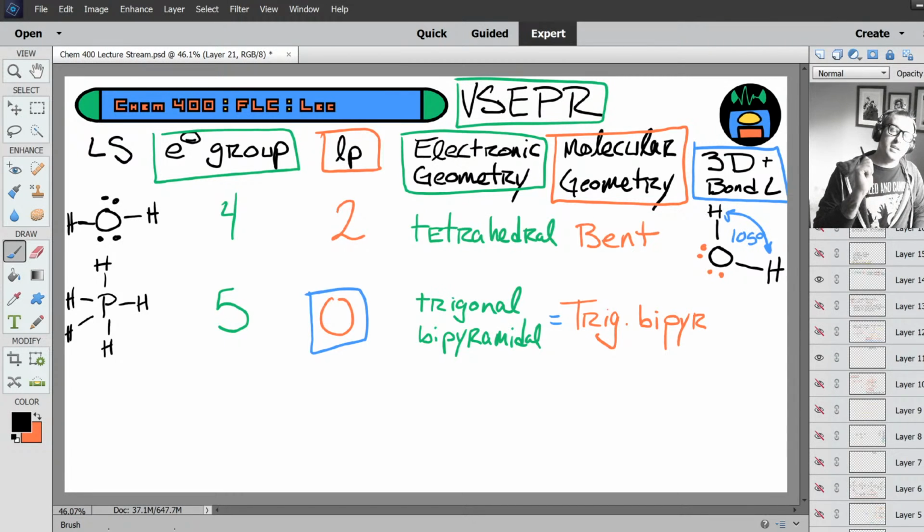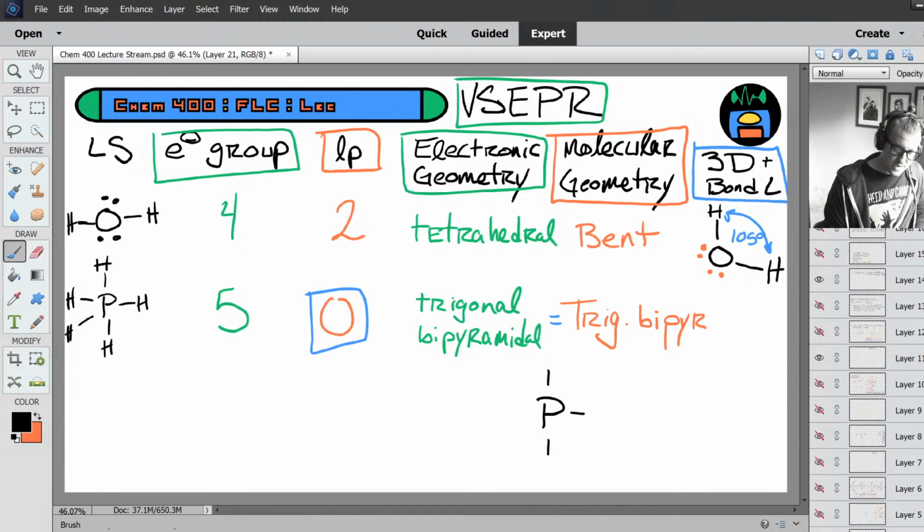Now, here's how. When you draw a trigonal bipyramidal, I'm going to draw it down here just so we have a little more space. Every trigonal bipyramid is the same. It will have 3 electron groups in the plane of the page, and then you kind of have those 2 vertical ones, and then the horizontal one.